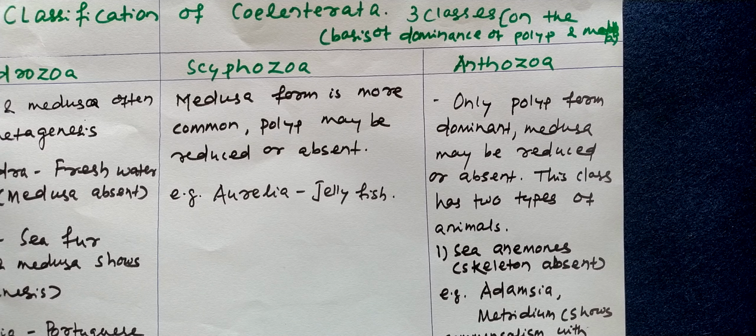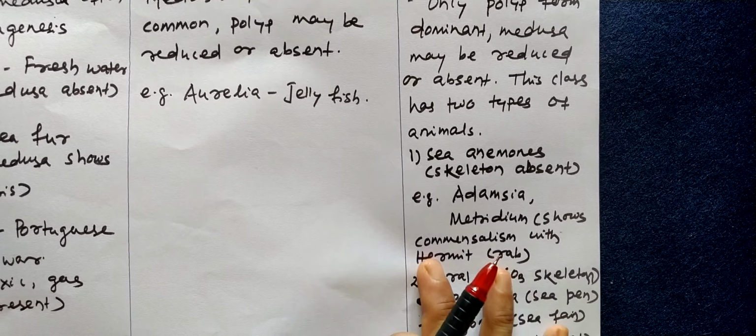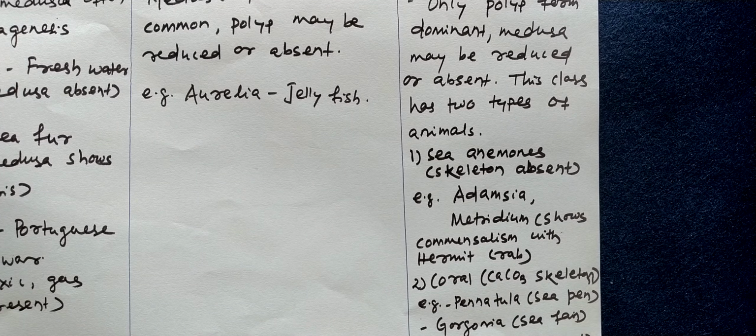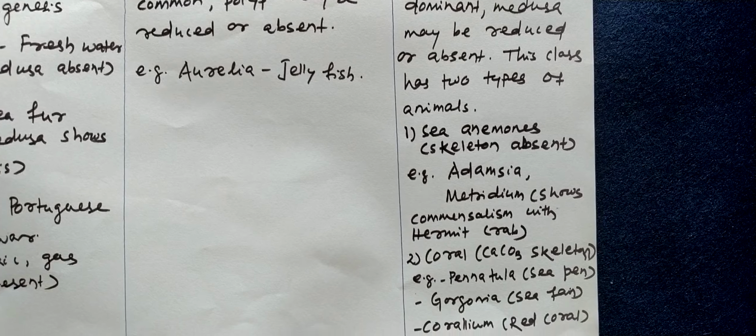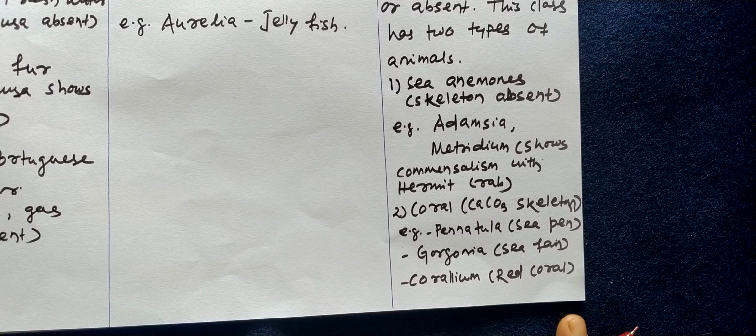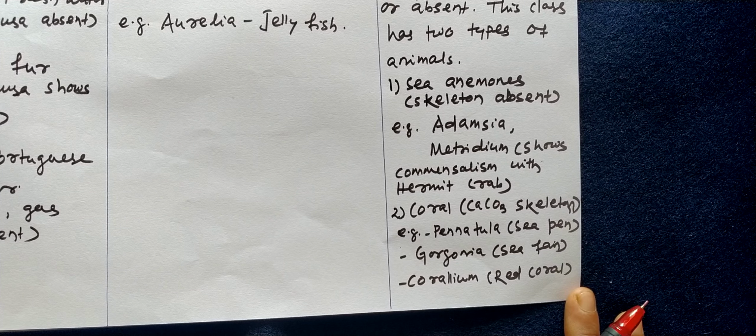This class has two types of animals. One is the sea anemone, which lacks skeleton. Example of sea anemone is Adamsia, and Metridium shows commensalism with hermit crab. Another is the corals, which have skeleton made up of calcium carbonate.